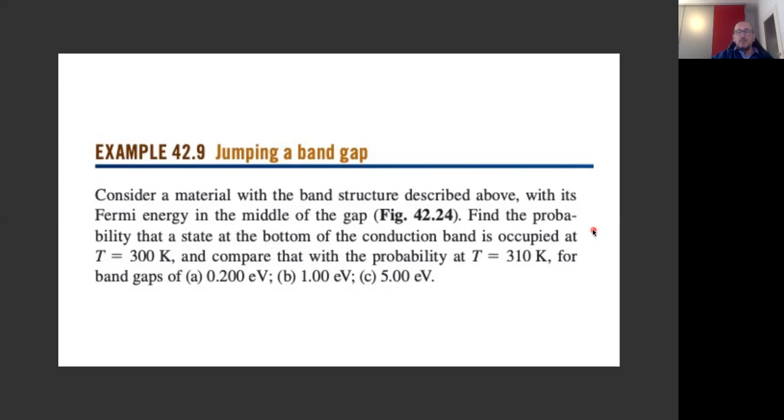I don't know which band structure is described above, but it's a semiconductor, with the Fermi energy in the middle of the gap. As I told you before, we're going to consider the Fermi energy in the middle of the gap. And the question is, find the probability that a state at the bottom of the conduction band is occupied at T equals 300 and at T equals 310 for these different values of the gap: 0.2, 1, and 5.